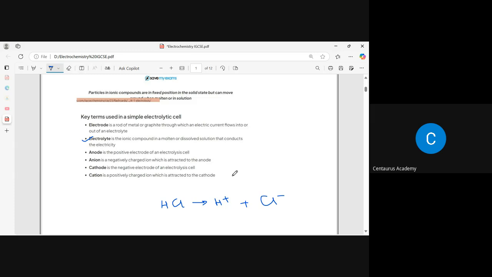carbonic acid or any other weak acid, usually has partial ionization. This means some of the molecules produce their hydrogen ions and their negative ions, and this is a reversible reaction.